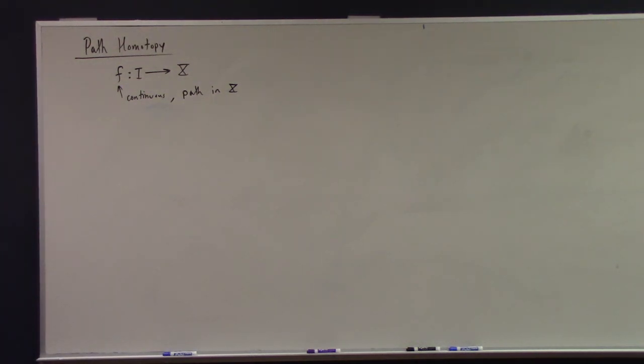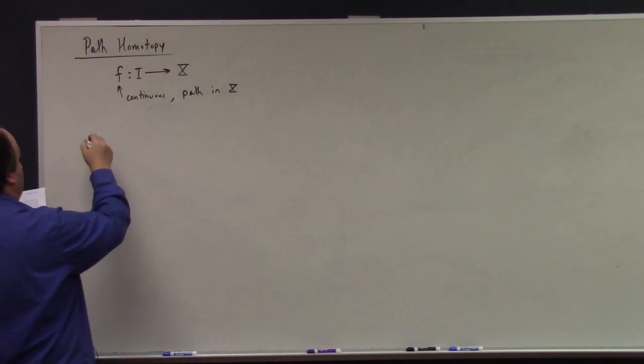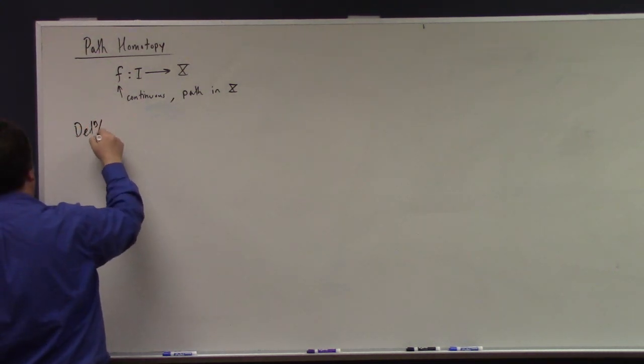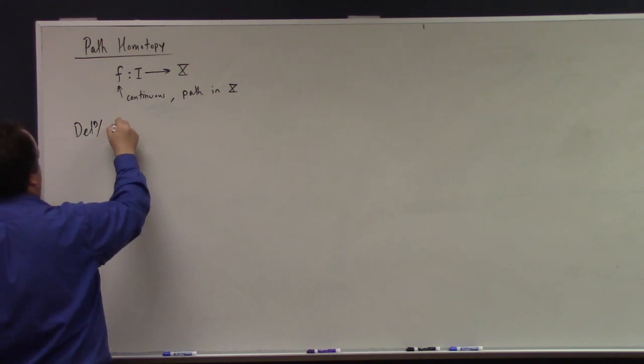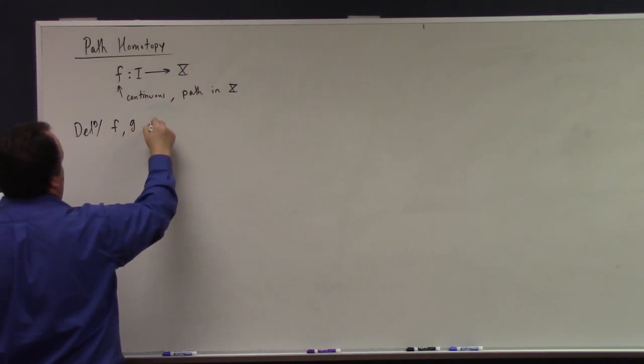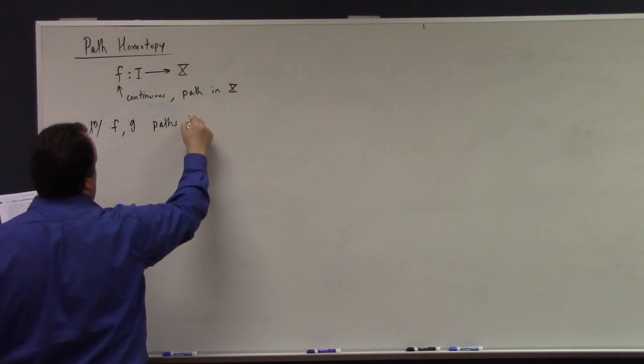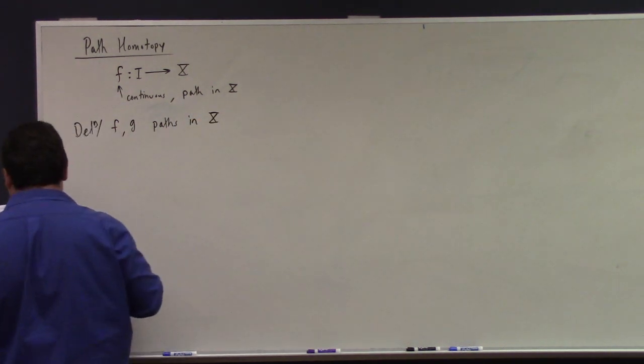A homotopy of paths, so definition, let's say you have f and g paths in x, right?